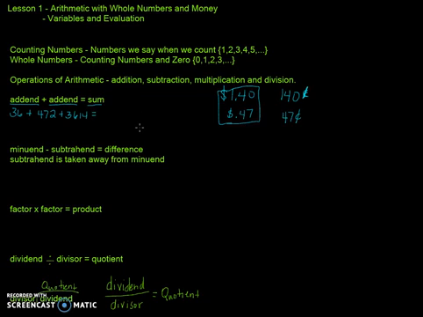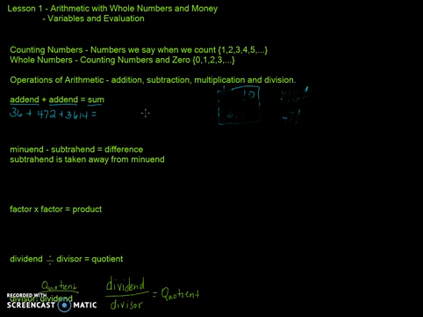I want you to go ahead and see if you can figure this out on your own. So go ahead and pause it, and I'm going to erase this part over here so I can work this out. Okay, so let's see how you did. I'll be back.